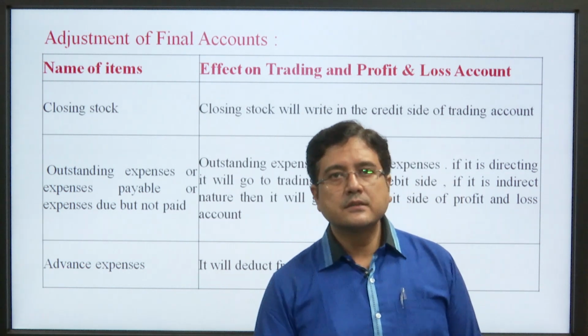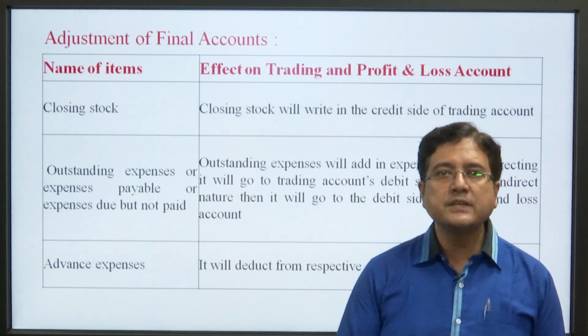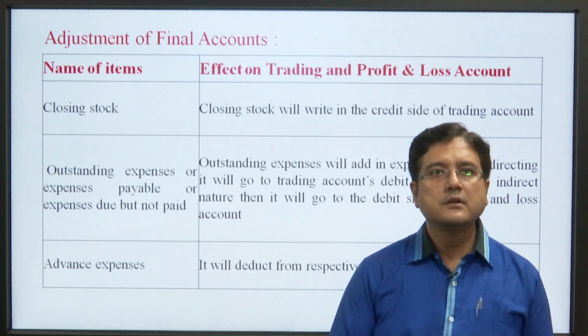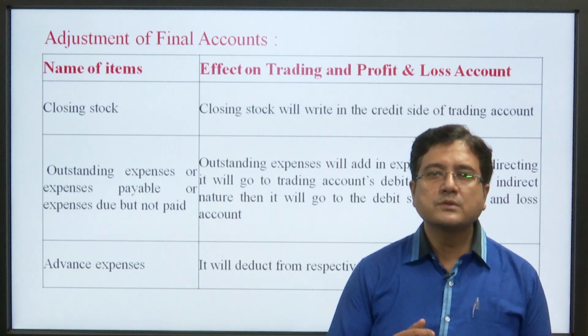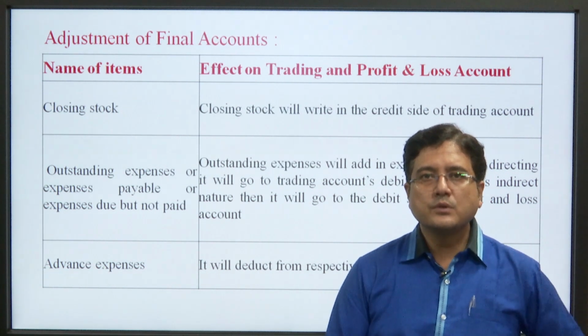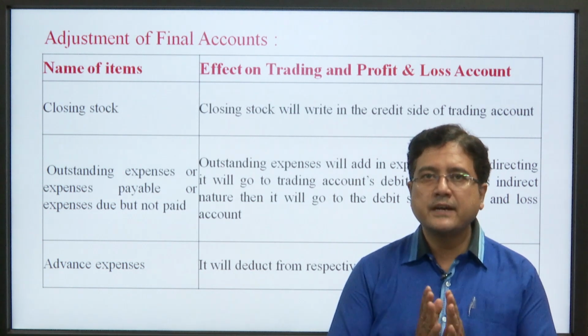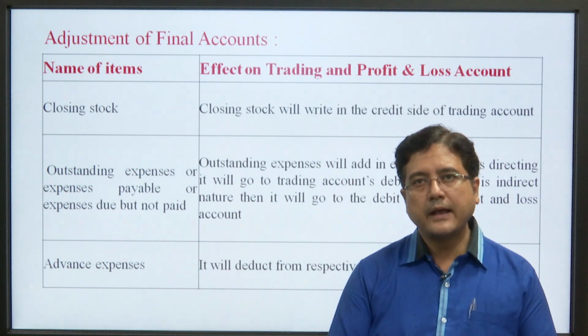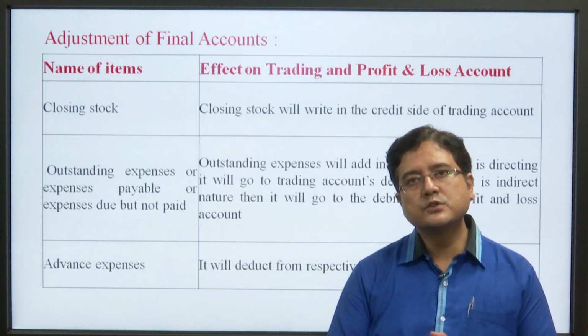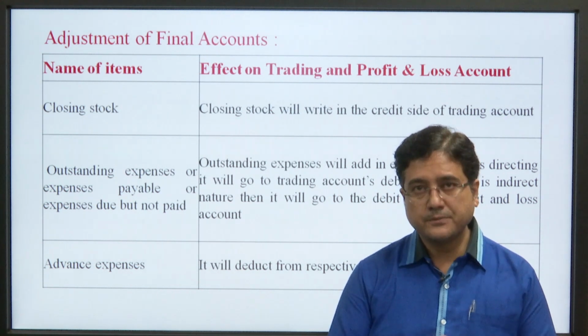So first is closing stock. How do we treat the closing stock? Closing stock is a part of the trading account and it is also part of the balance sheet.